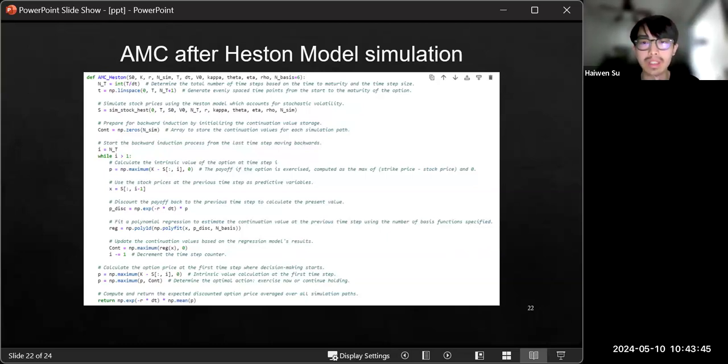And the basis is never more than 6 upon checking, which is great, compared with the optimal basis seen with the American Monte Carlo using Brownian motion, which is more than 10 in the Brownian case.